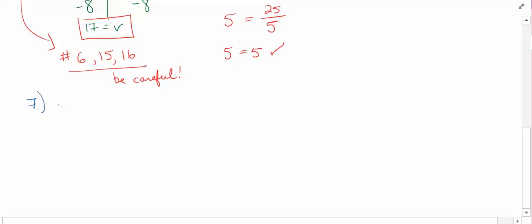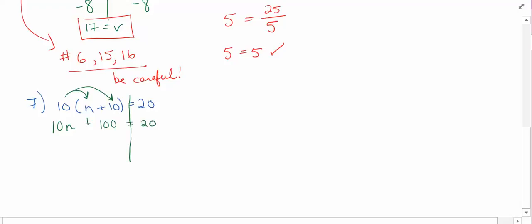Alright, number 7 we have 10 parentheses n plus 10 equals 20. Okay, so generally we can follow those 4 steps. So the first thing is, do we need to distribute? Yes, we do. So 10 times n is going to be 10n. 10 times 10 is going to be plus 100 equals 20.